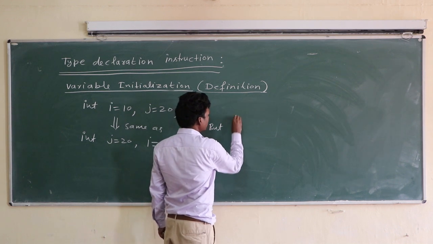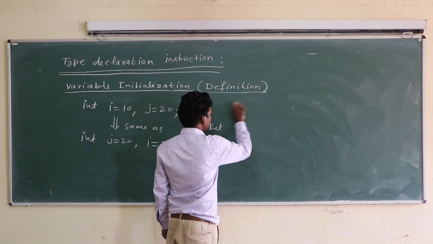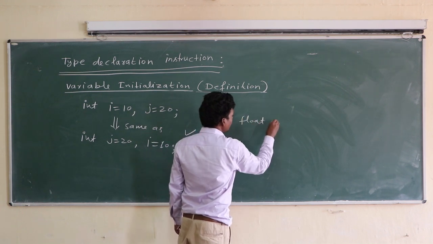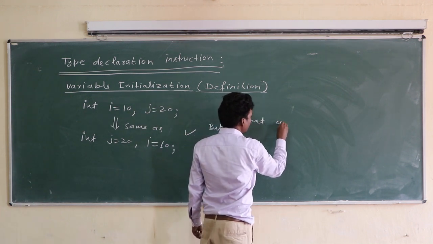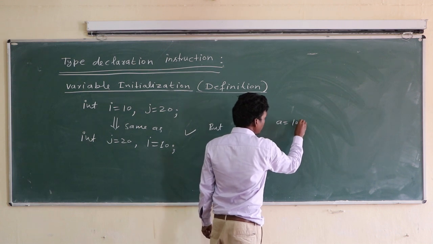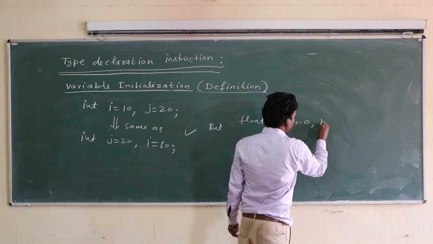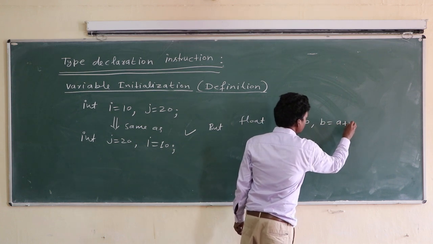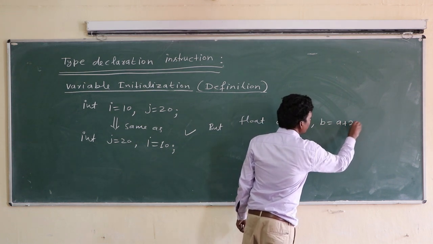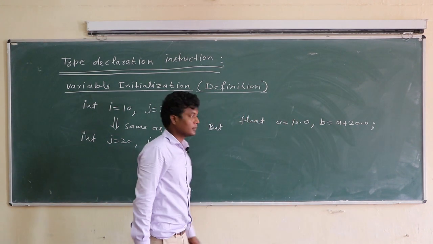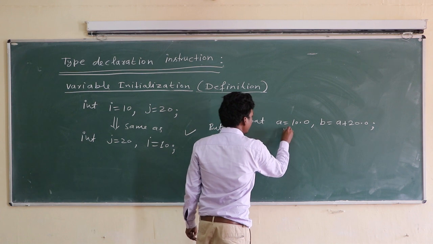But suppose float a = 10.0, b = a + 20.0.